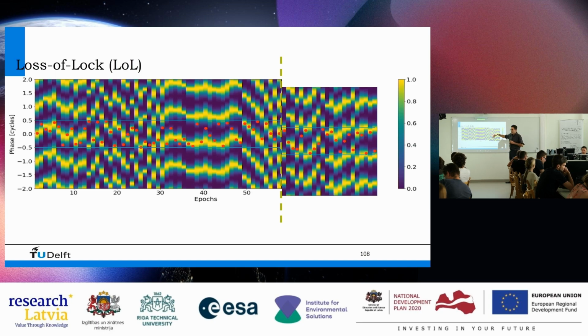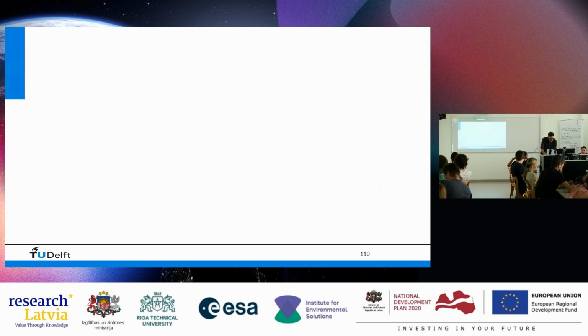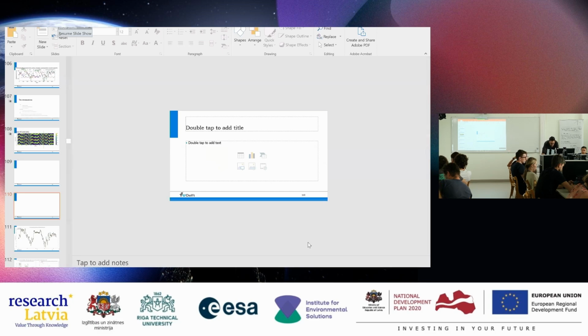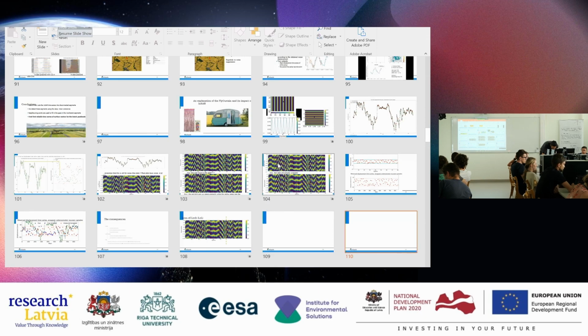So I do get a phase value between minus pi and plus pi, but it would be very complicated from the phase values itself. You would simply draw a line through that, and that would be it. But if we know that we have a loss of lock, we cannot connect the time series. So the thing that I would like to show you now is what we did to tackle this problem, and that is, let me see.